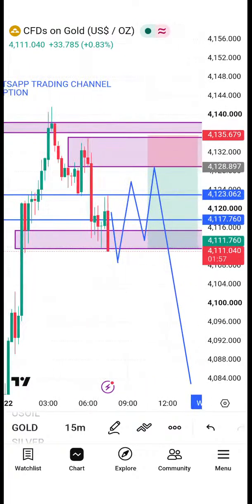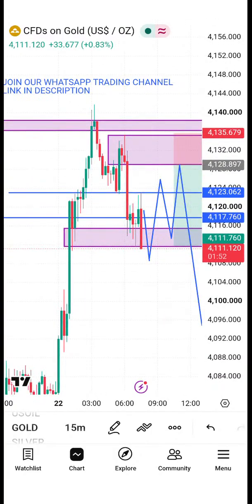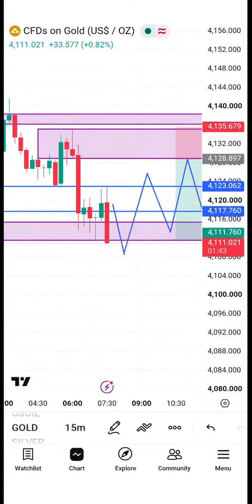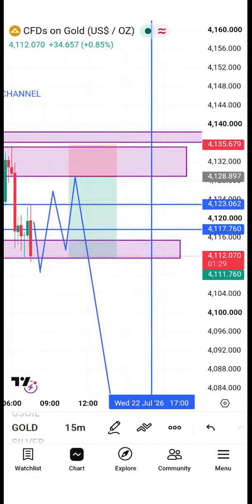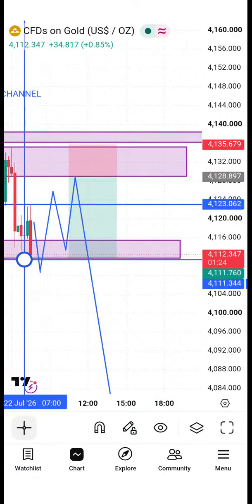See what the market is doing. Sweeping liquidity, taking out those who bought early and collecting. It's going to also collect those who are saying now it's going to fall. There are those who take a sell, I'm telling you. Right now, we are left with 2 minutes for this 15-minute candlestick to close.